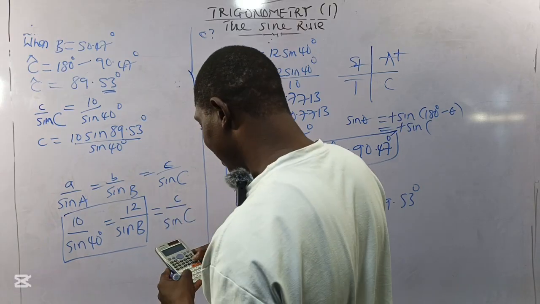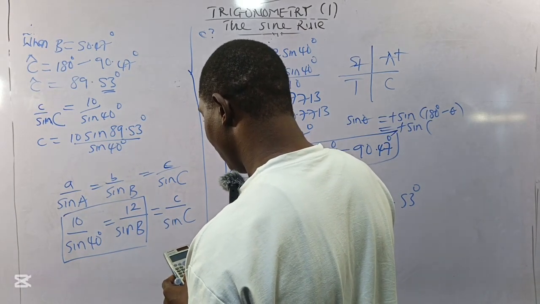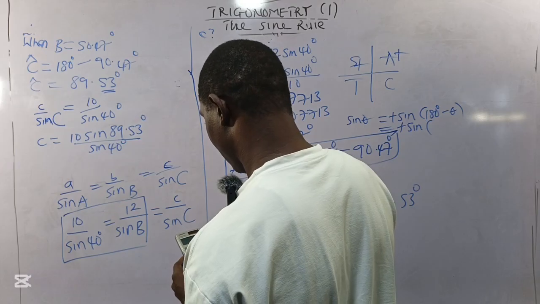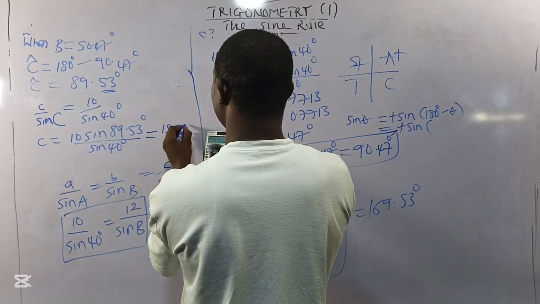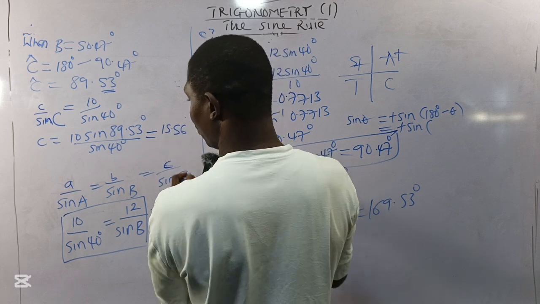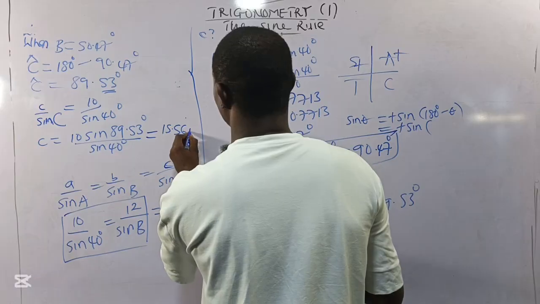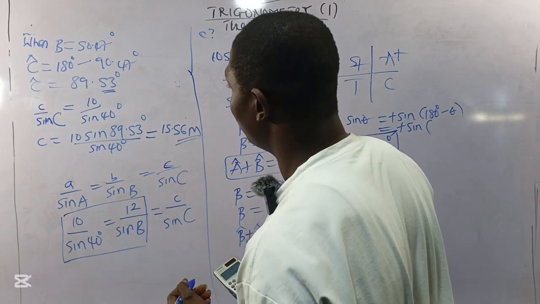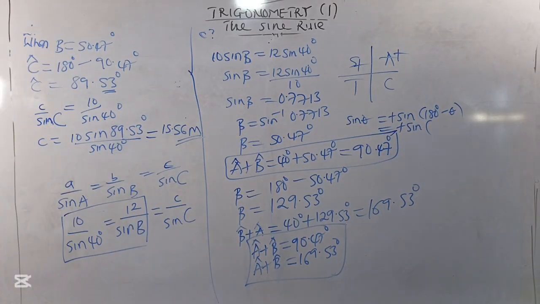So if I say 10 sine 89.53 divided by sine 40, I'll have my c to be 15.56, which units? Let me assume meters. So we have this as our value when angle C is 89.53 degrees.